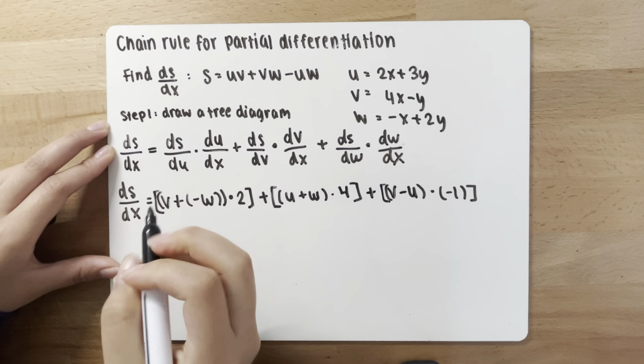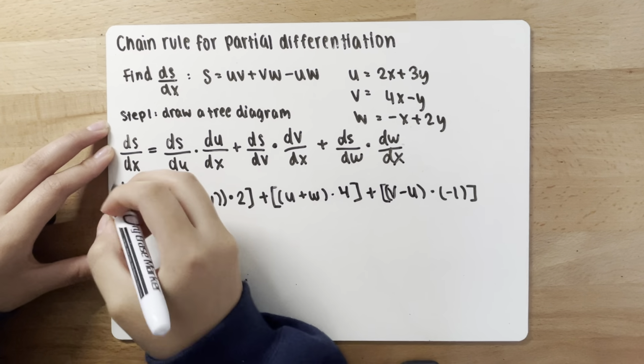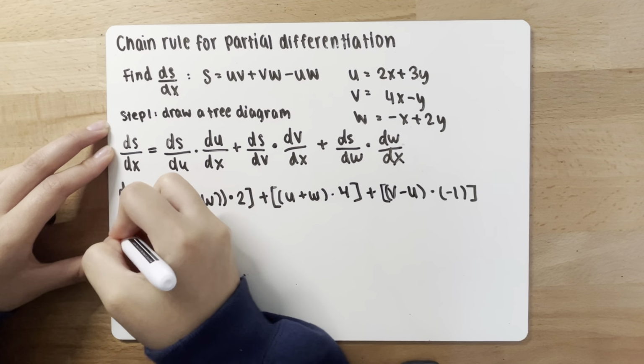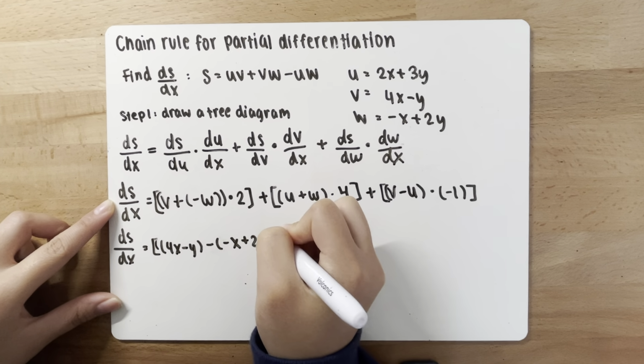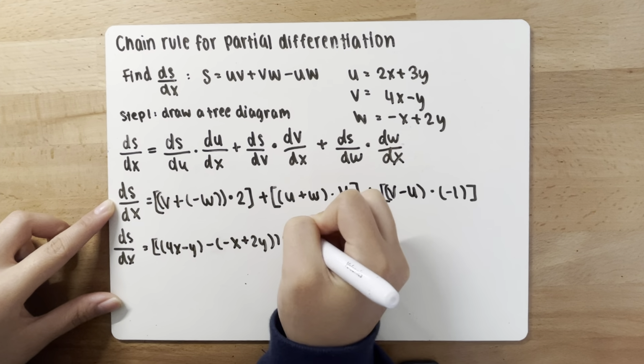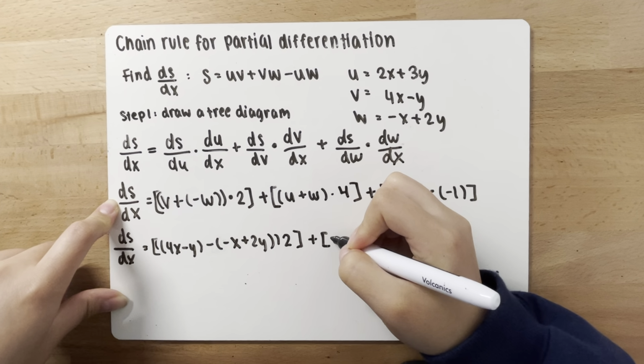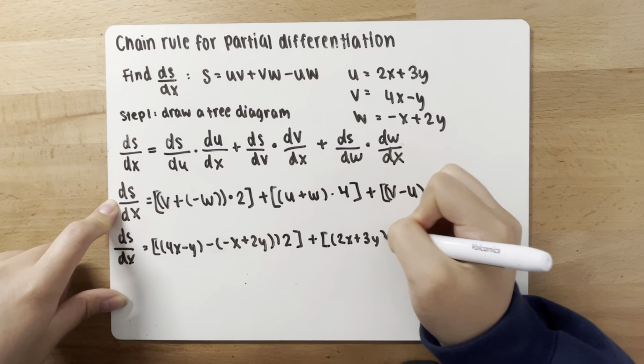Okay, now you are going to plug in these equations into v, w, and u. So ds over dx equals v, 4x minus y, plus a negative w, which is the same thing as minus w, x plus 2y, okay, all of that multiplied by 2, plus u, which is 2x plus 3y, plus w, negative x plus 2y, all of that multiplied by 4.